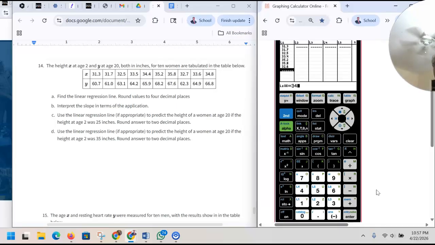So these are the heights of 10 children who were at the age of 2.